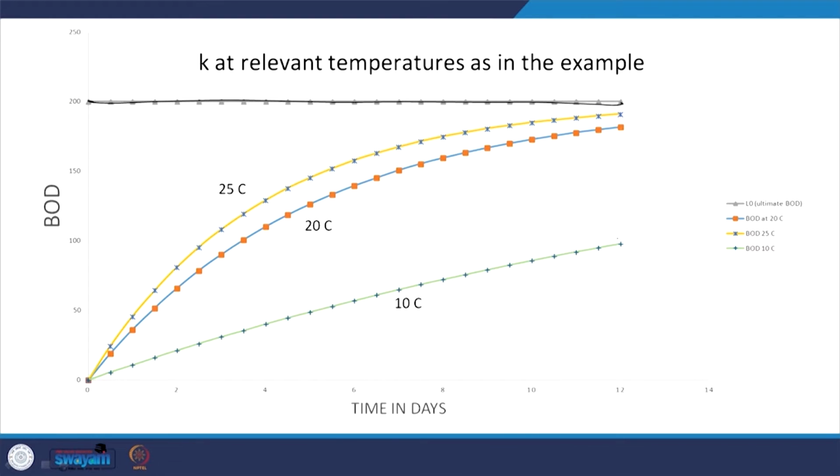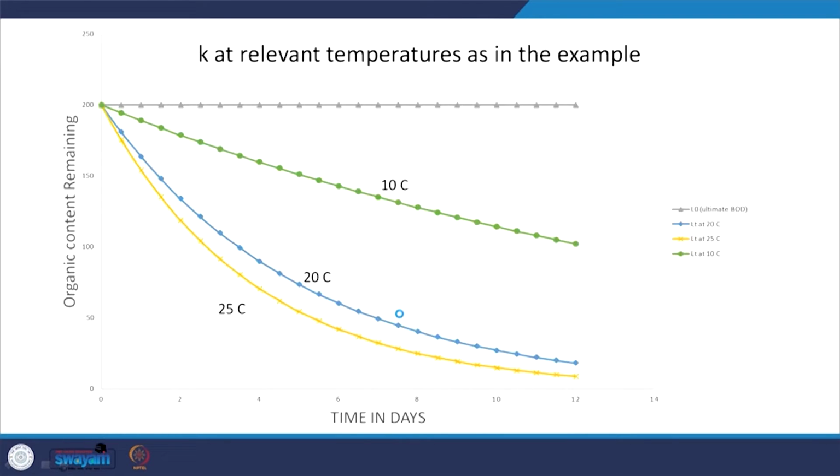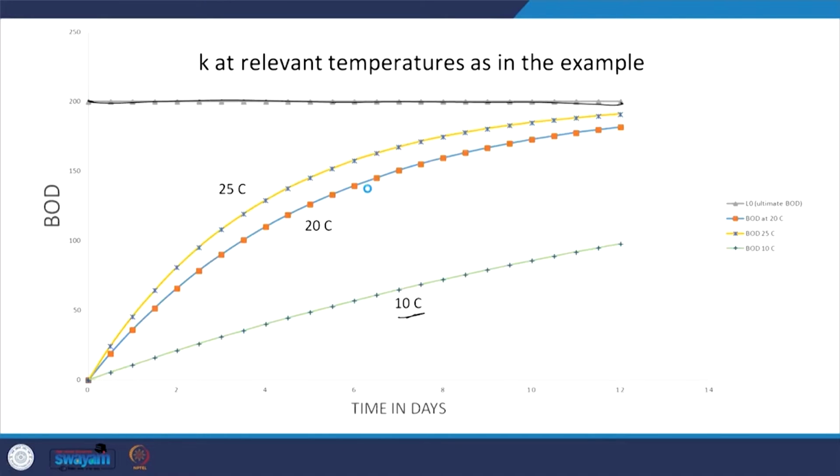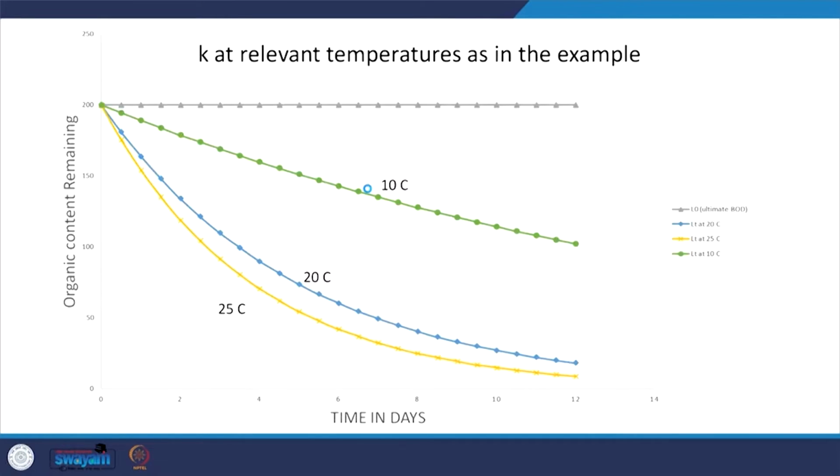But when I decrease the temperature, you see that there is a remarkable decrease in the consumption of the organic content. So, you can see that the degradation kinetics are going to be remarkably affected at relatively low temperatures. That is something to keep in mind. And the organic content remaining is just representing this graph in a different way.